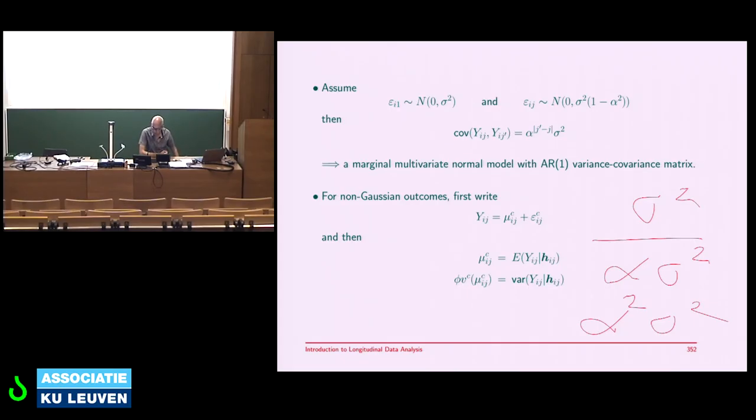And if we say the AR1 correlation is 0.5, it means two measurements from the same subject, 1 unit apart, have correlation alpha. 2 units apart, they have correlation alpha square, alpha cubed, etc. And usually these correlations are positive, and they should then lie between 0 and 1. So the higher powers you take, the closer that correlation goes to 0 until at infinity it completely disappears.